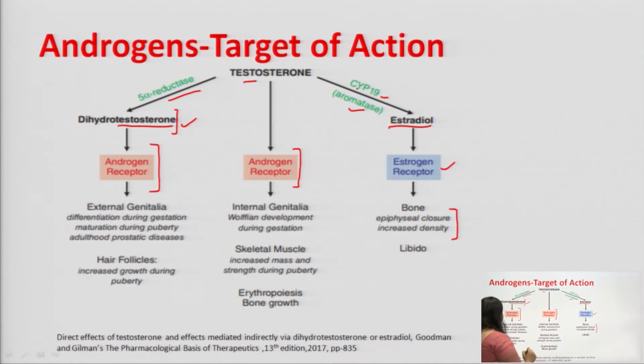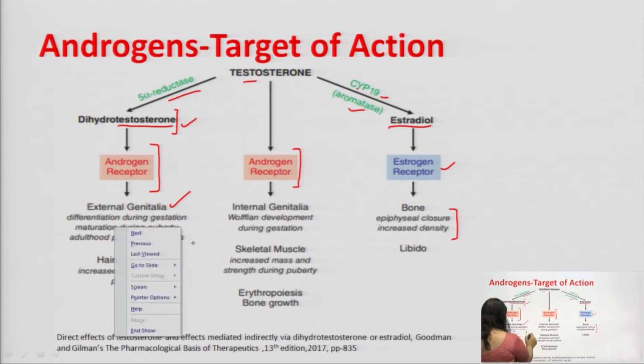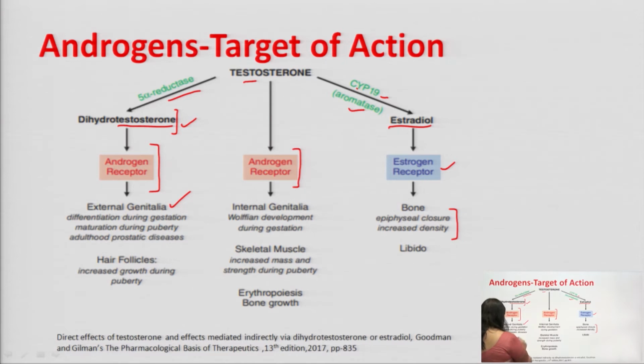So what actions are produced by dihydrotestosterone? By acting on the androgen receptor, it acts on the external genitalia, which mature during puberty. The growth of hair follicles during puberty is also generated by dihydrotestosterone acting on the androgen receptors.